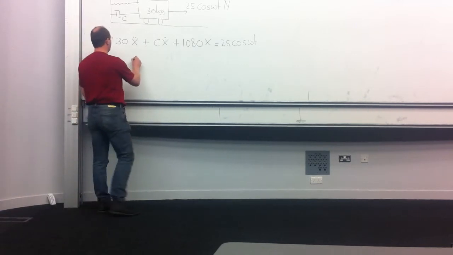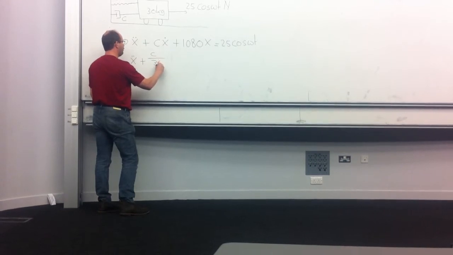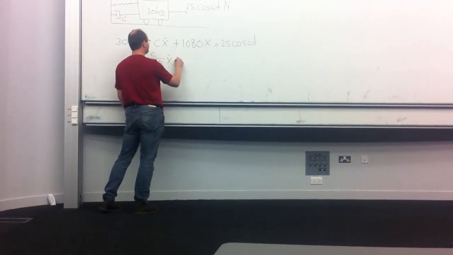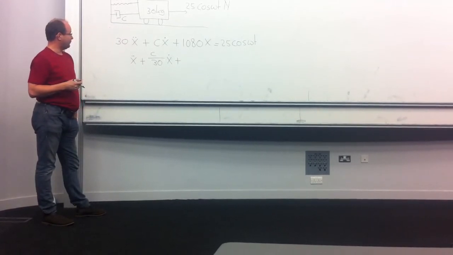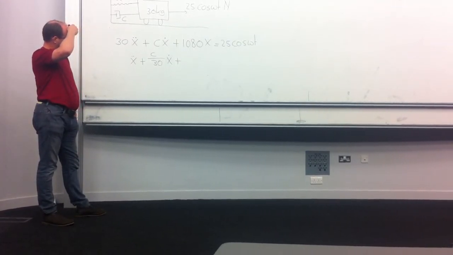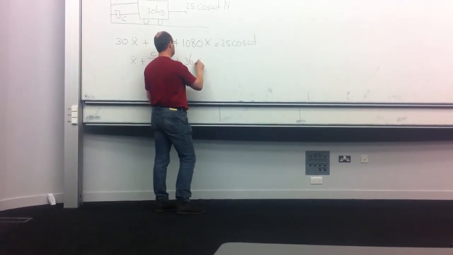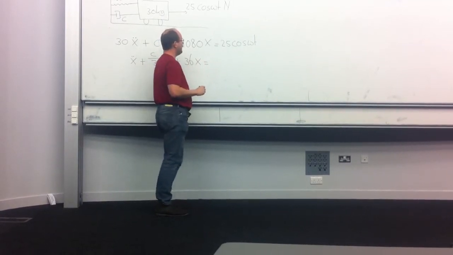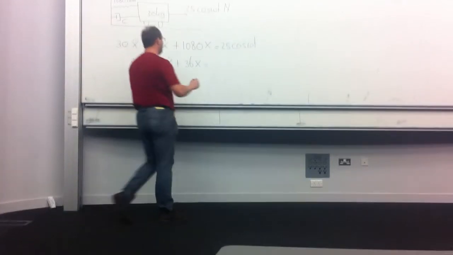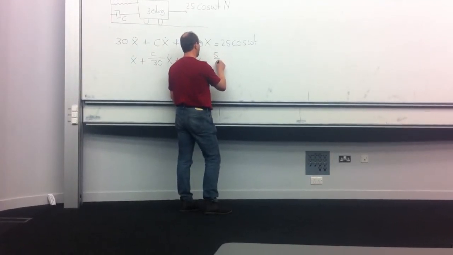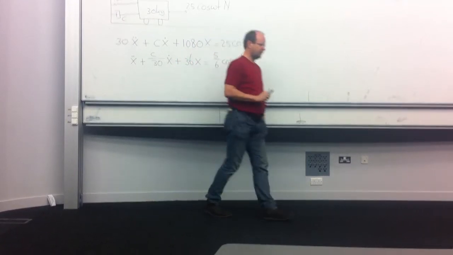So I get x double dot plus C divided by 30 times x dot plus 1080 divided by 30 times x, 36 indeed, 36 times x is equal to 25 divided by 30 times cos omega t. And 25 divided by 30 is 5/6 cos omega t.